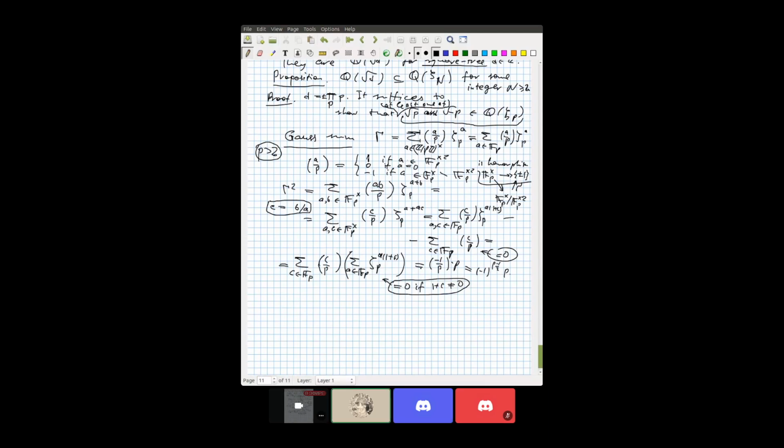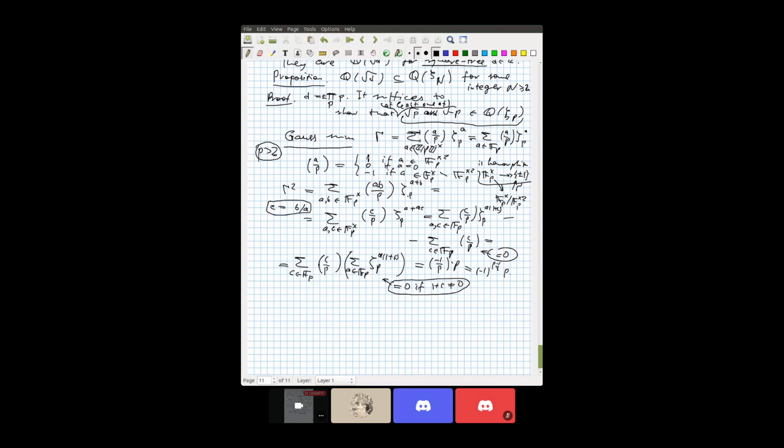We used it when we said something about the Gauss sum, in residues and non-residues, because there is only one residue. It's when we started looking at gamma square.